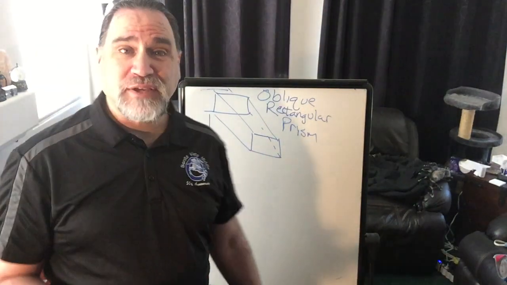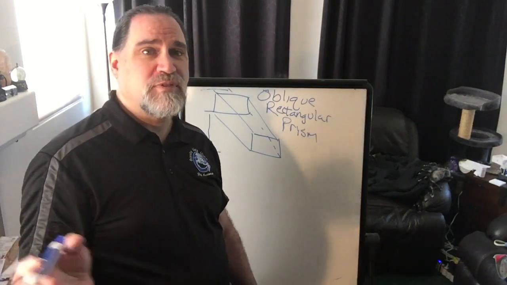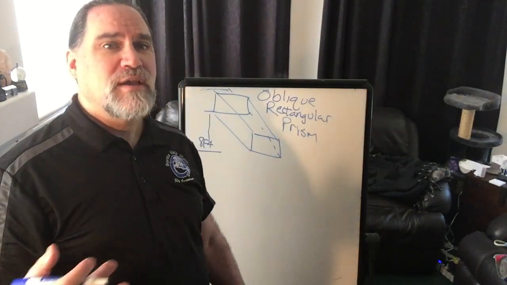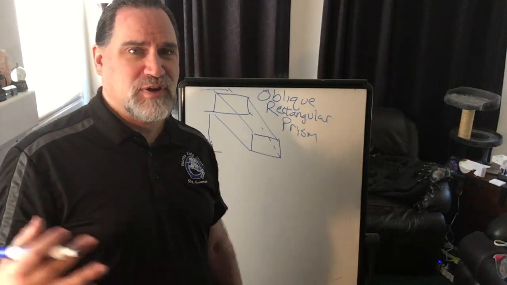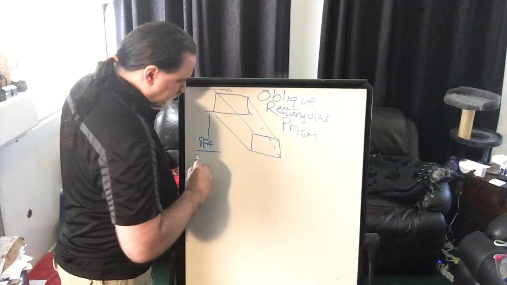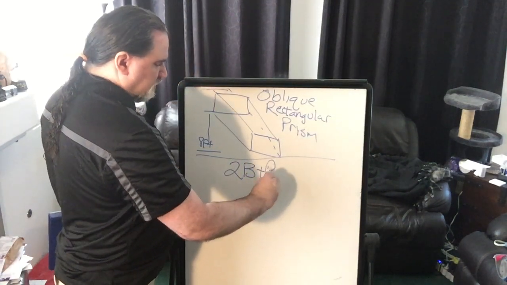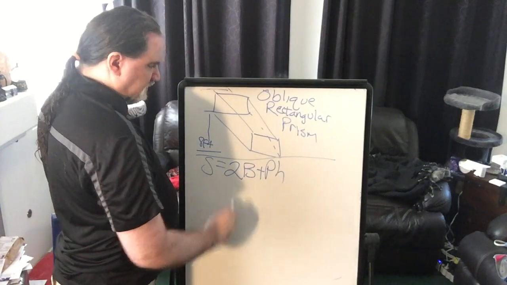If you tell me it's oblique, you're telling me that it's leaning over. Okay, so now you're telling me more things about how the shape should look and how we would measure its various properties. But again, we would still use this formula for finding the surface area.